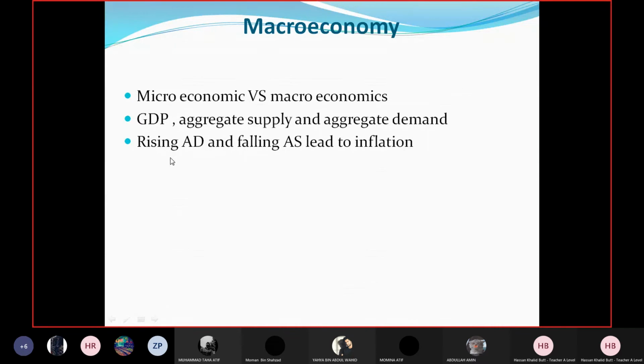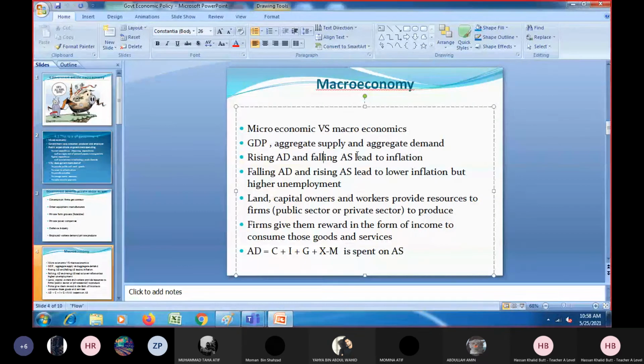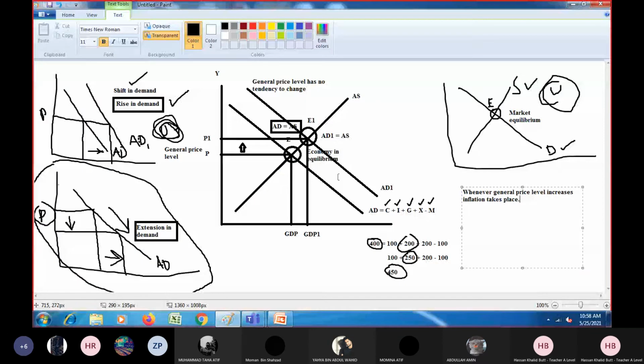So I explained how rising aggregate demand will lead to inflation with the help of the diagram as well. It becomes easier for students to understand, although they won't ask you to draw an aggregate demand and supply diagram. Because now I'll talk about aggregate supply as well. But any question up till now, just let me know. I'll explain you.